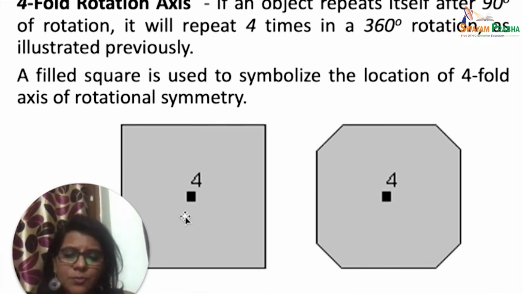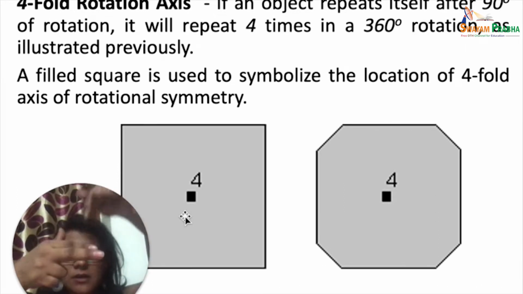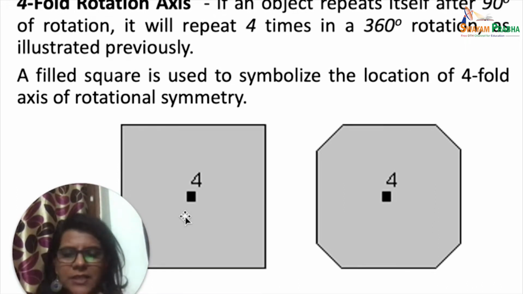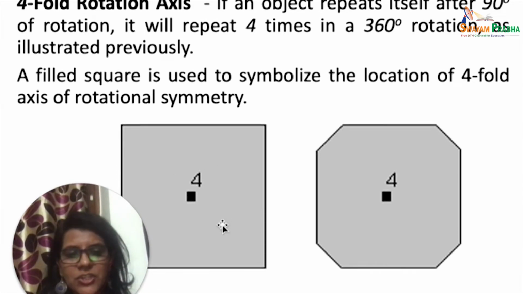So imagine this is a square, or a filled square, and in the square you have an imaginary line passing through the center, and you give it a 90-degree rotation, you get an identical structure. Another 90, identical structure. Another 90, identical structure. Another 90. So 4 times in a 360-degree rotation you are getting this. So it is said to have a fourfold axis of rotational symmetry.